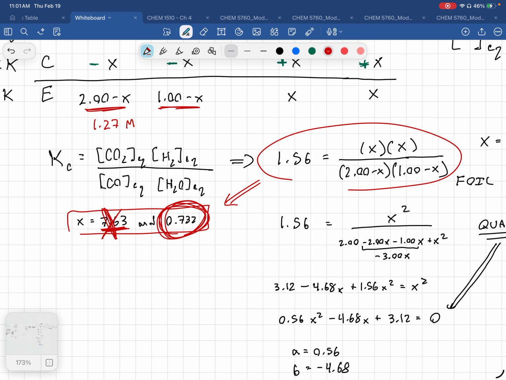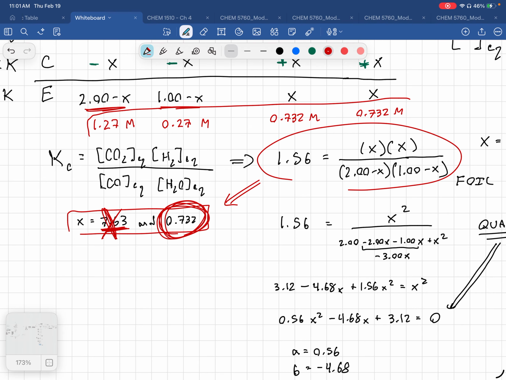If we take 1.00 minus 0.732, we get 0.27 moles per liter. We have to restrict it because of decimal places. And then for these, we get 0.732 moles per liter and 0.732 moles per liter.